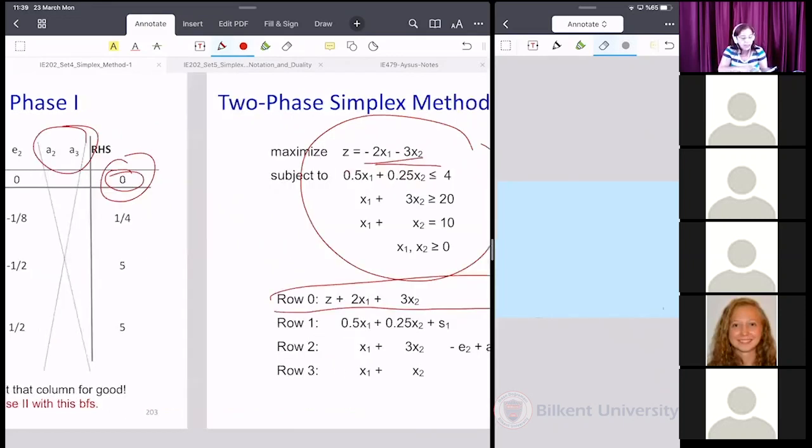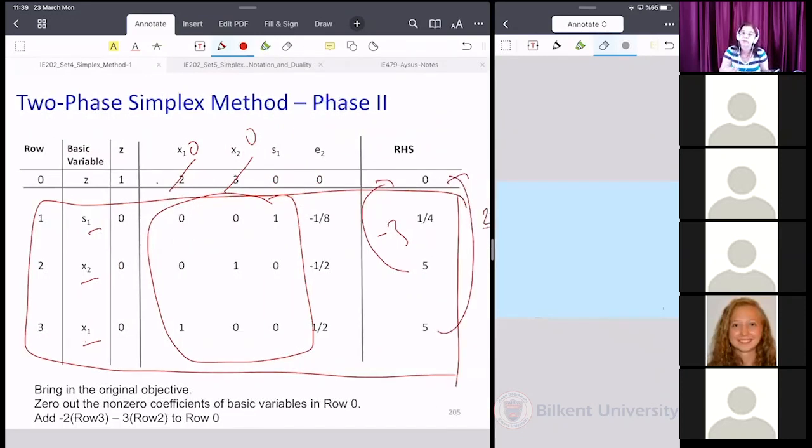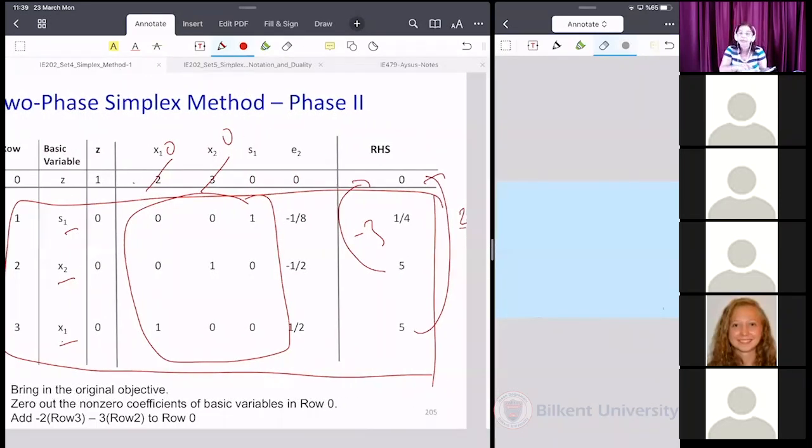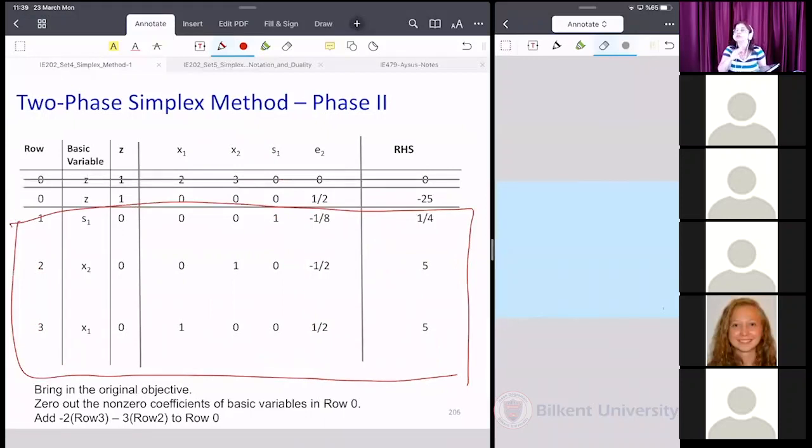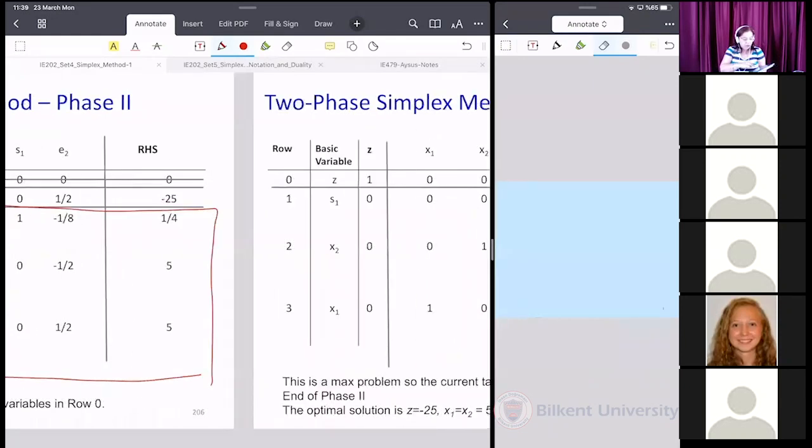Then we created the problem for phase two, which is this, because you have to convert the row 0 coefficients. Then you start your phase two while changing the row 0. At the start, you stop immediately, because the BFS from phase one happened to be the optimum solution for the original problem. Any questions?